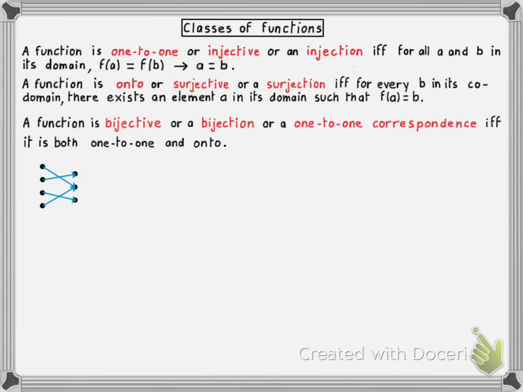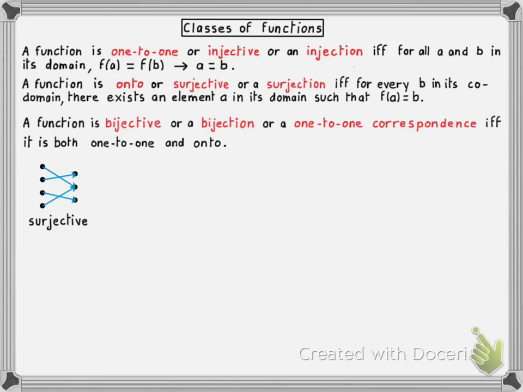So my question to you now is to figure out which kind of function this is. In what category does it fall? You got it? This is a surjective function, or it's a surjection, or it is onto.